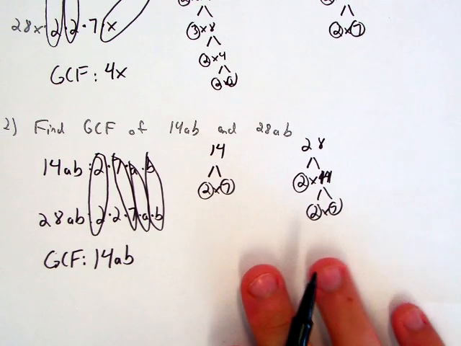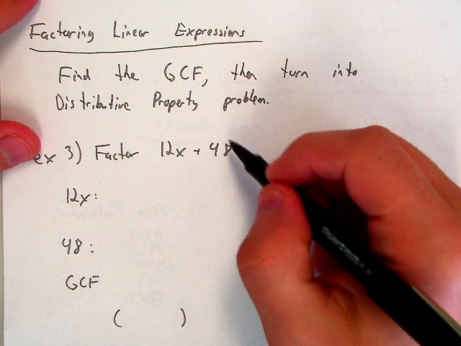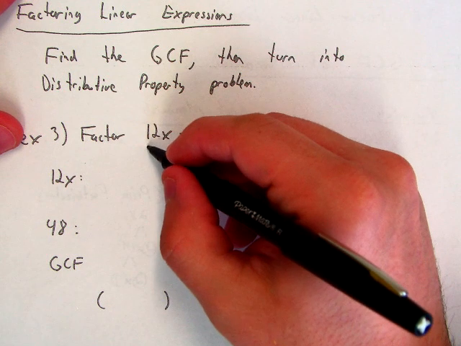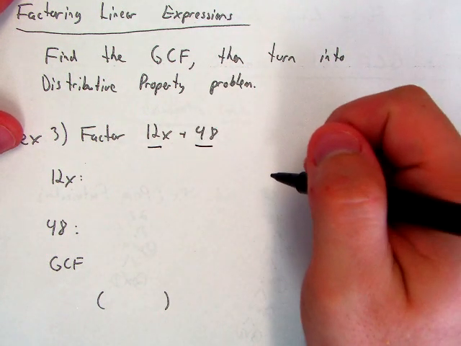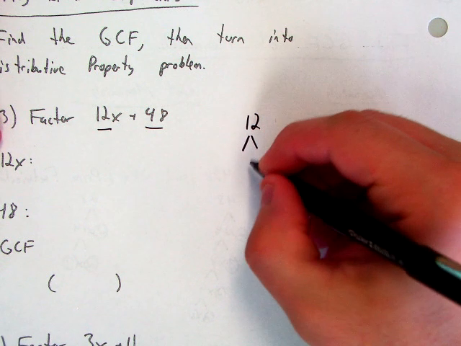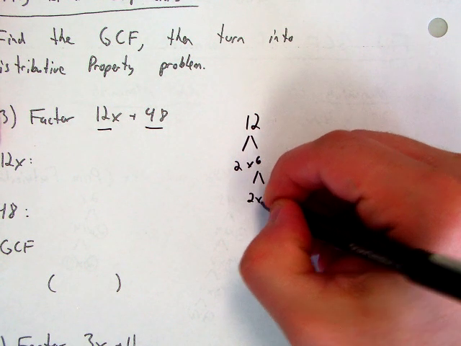So let's utilize this information to help us factor some expressions. So I want to factor 12x plus 48. I'm going to look at 12x and 48 and find the prime factorization of each. So 12 would be 2 times 6, and 6 is 2 times 3.